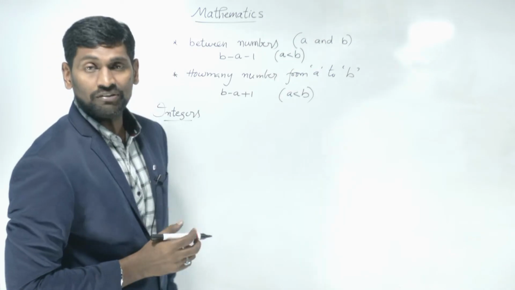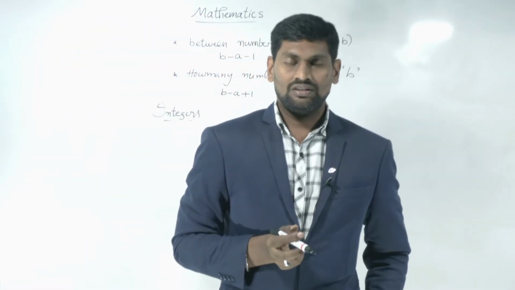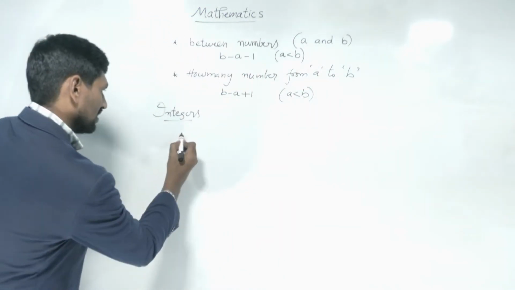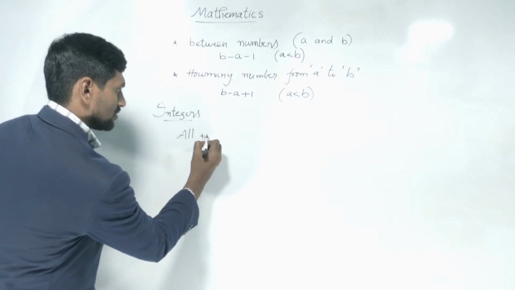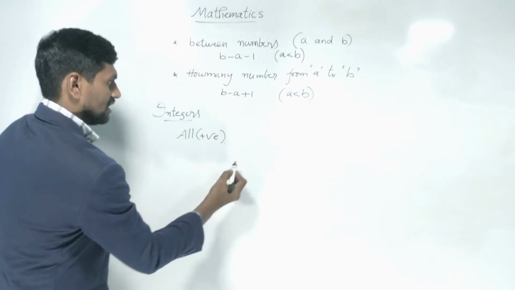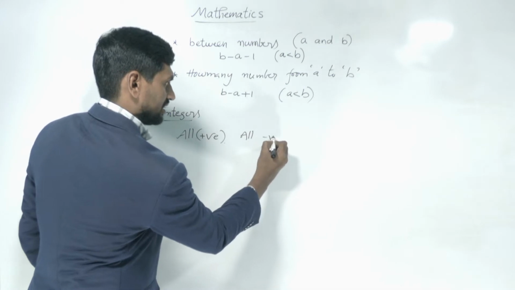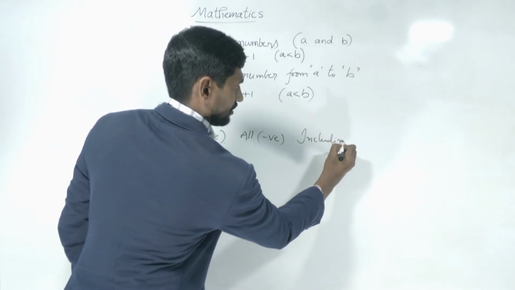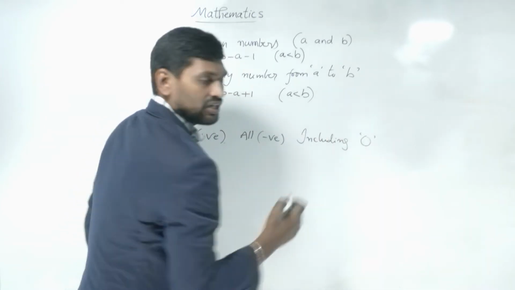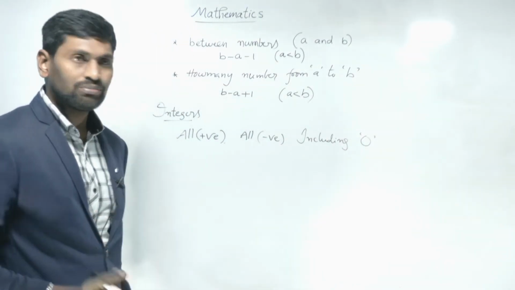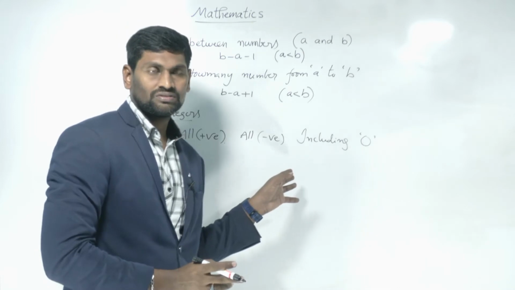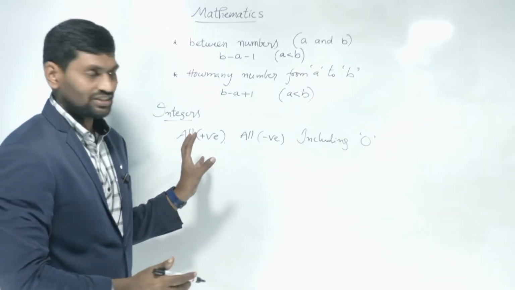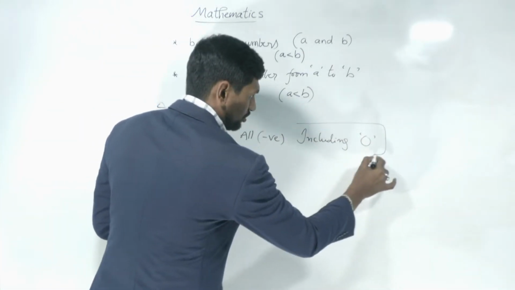According to integers, what is the definition I gave you? All positive numbers, all negative numbers, including 0 are called integers. Including 0.